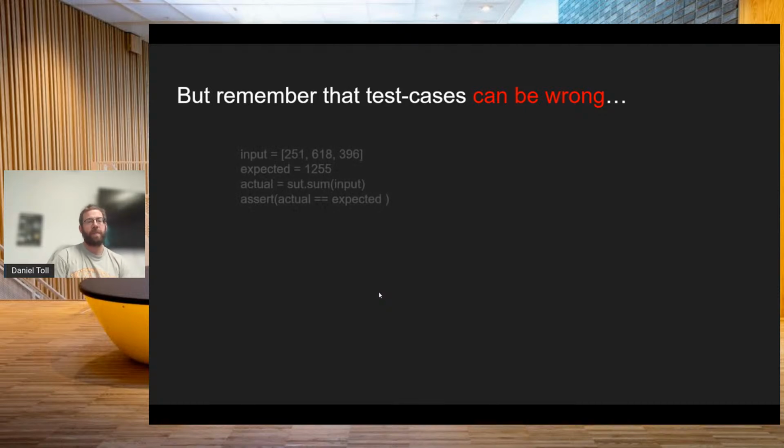What if I input this, so let's just look at it. We input an array with 251, 618, 396. And the expected is 1255, which is wrong, because I intentionally made it wrong, right?